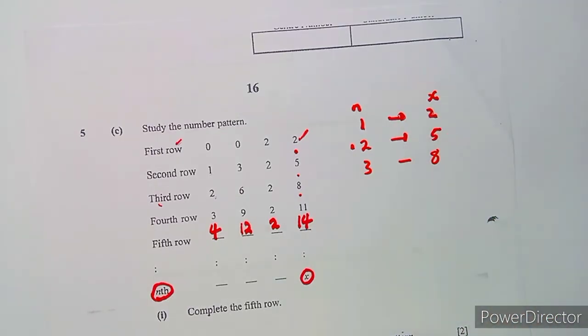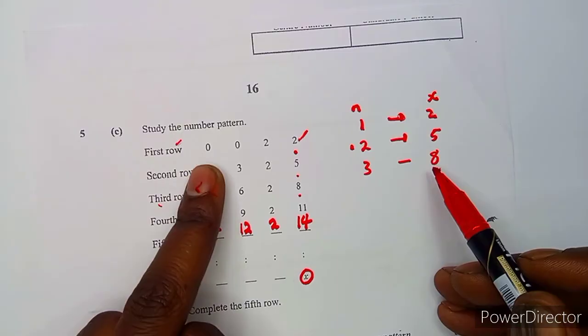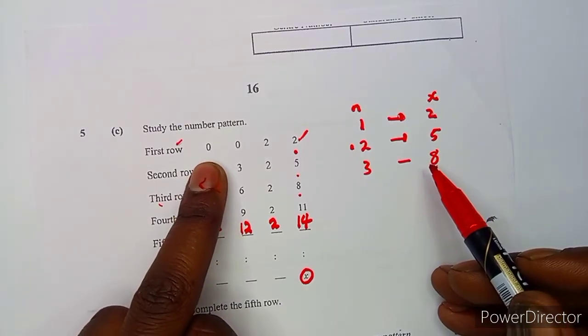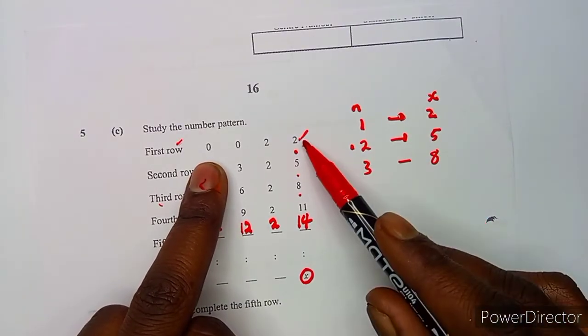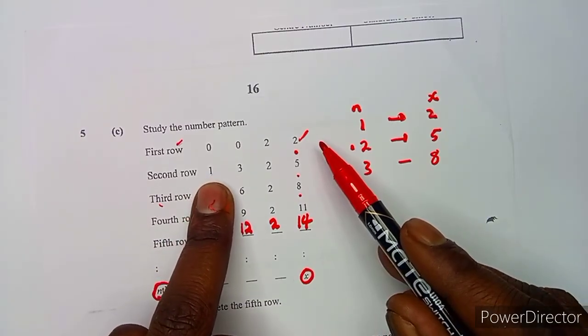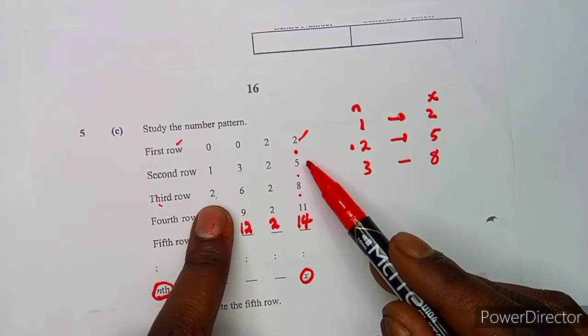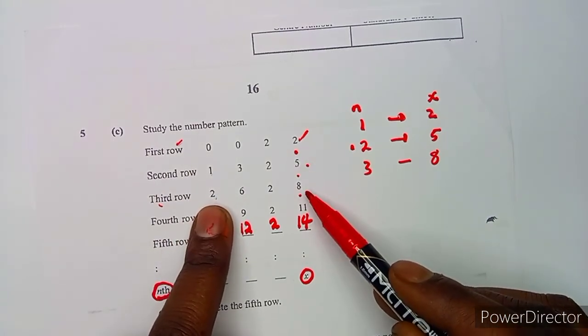What are we having in terms of x here? If you are to cross-check properly, you'll see that we are simply multiplying by 3 here. 3 times 0 is 0 plus 2, which is 2, okay? 3 times 1, which is 3, plus 2, which is 5. 3 times 2, that is 6, plus 2, which is 8.